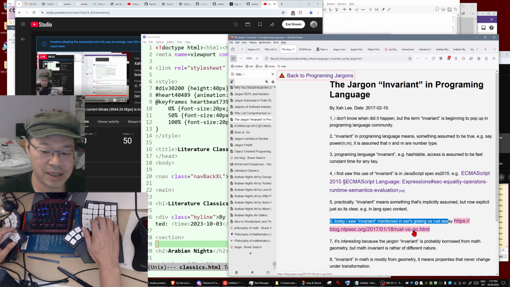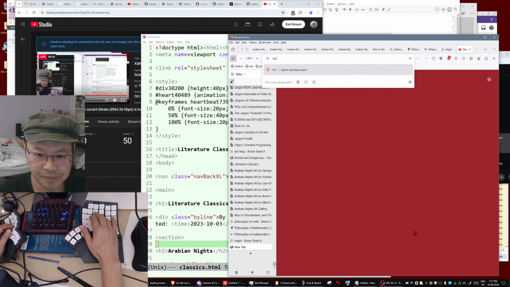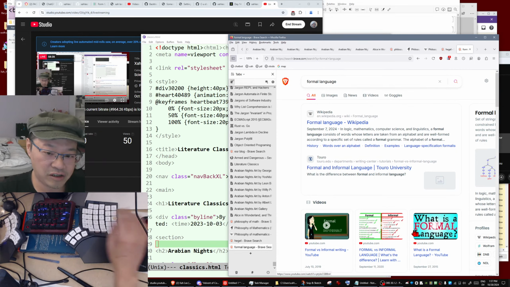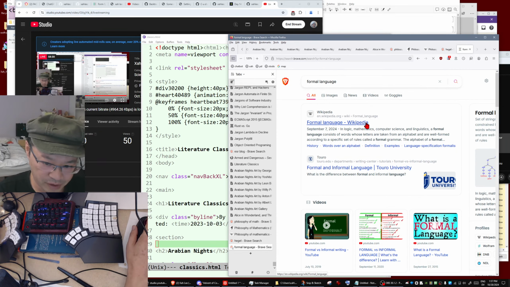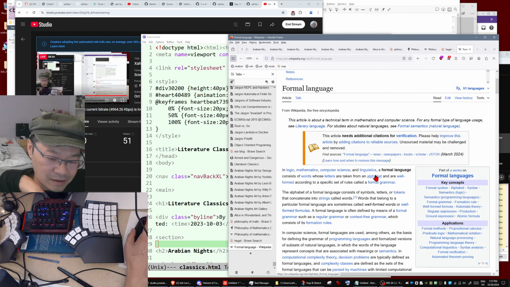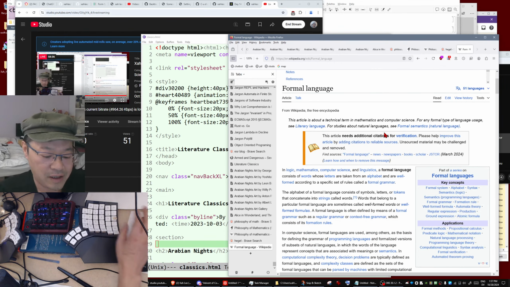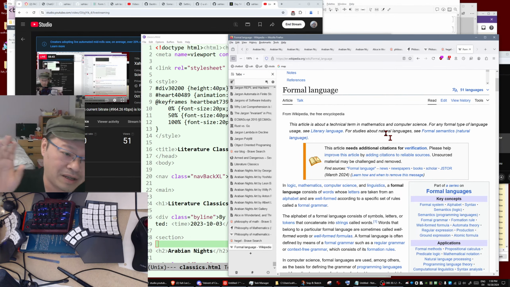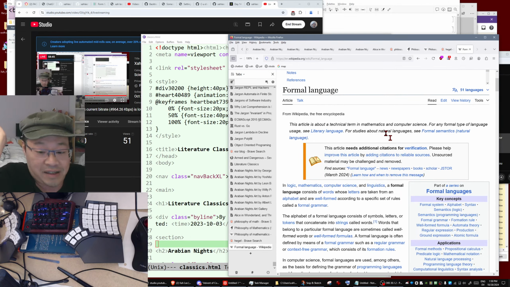Look up Wikipedia. Okay, that's very interesting. Formal language is a foundation of theoretical computer science. For example, regular expression is a formal language. A lot of people don't know this, especially the C++, Rust, and Java idiots. These people have no idea.